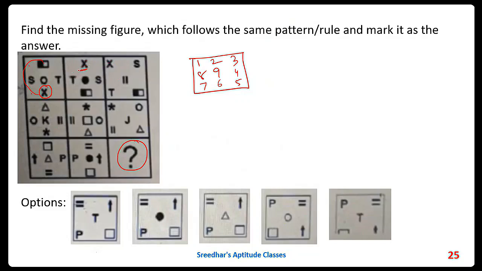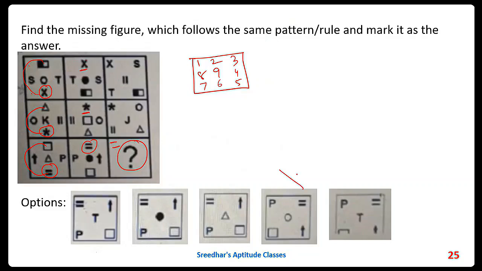Here also the star mark is shifted 4 places in the clockwise direction in the next figure, and then again one place anti-clockwise. Same here: it is shifted 4 places clockwise, and then one place anti-clockwise, so it should be here.